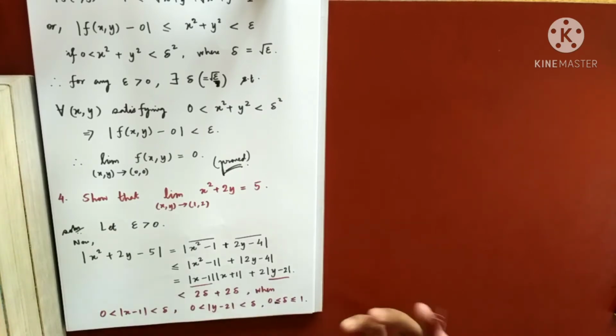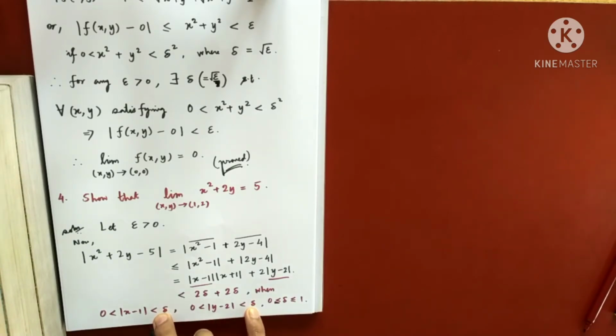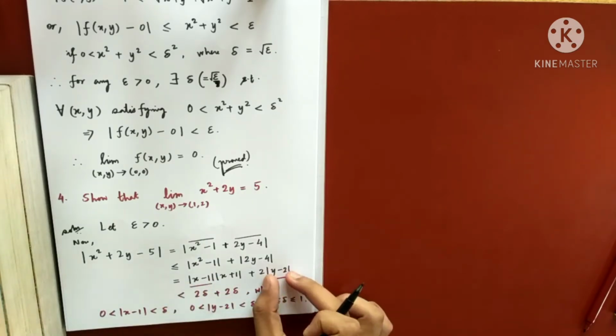I'll tell you why this is happening. I am choosing a number delta. What is the exact value of delta? I'll tell you a bit later. So I am considering this quantity as less than delta and this quantity also less than delta.